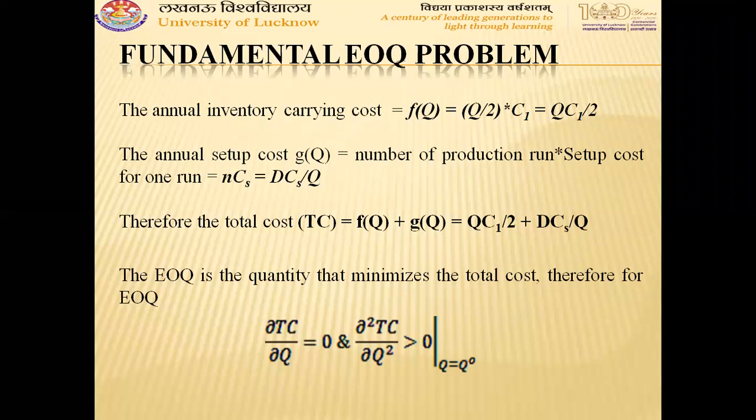So total cost will be F(Q) plus G(Q), that means Q into C1 by 2 plus D CS upon Q.